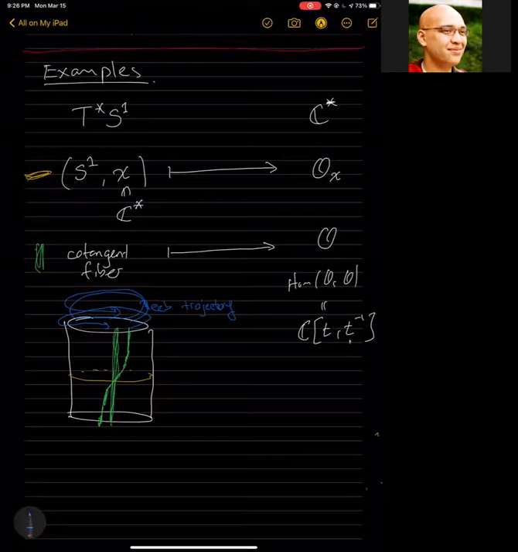And also on the bottom, you could go once around, or you could go 2 times around, and so on. And so maybe the way this correspondence works is that on the top, you get the positive powers of t. And on the bottom, maybe you get the negative powers.